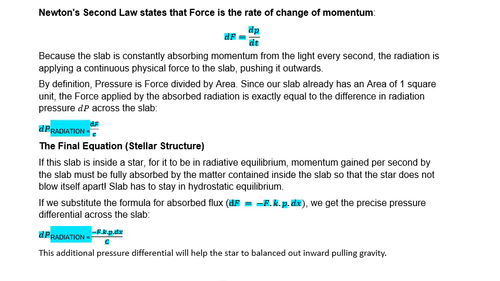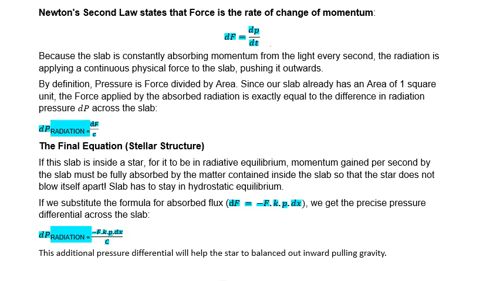Newton's second law, as we know, states that the force is the rate of change of momentum. So dF is equal to d rho by dt, the rate of change of momentum. Because this rectangular slab is constantly absorbing momentum from those photons, from that incoming flux every second, the radiation is applying a continuous physical force to the slab.